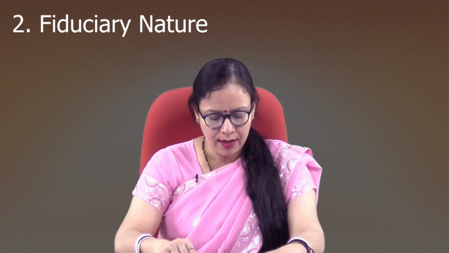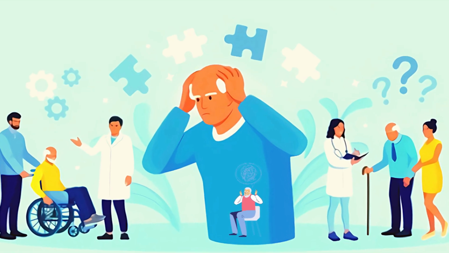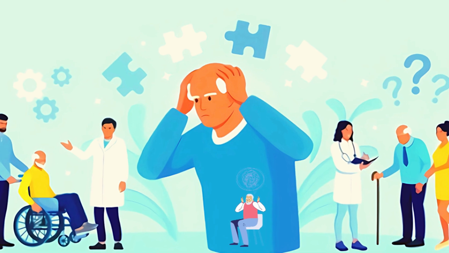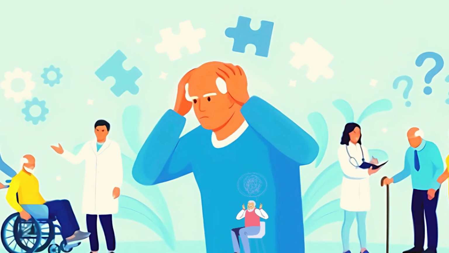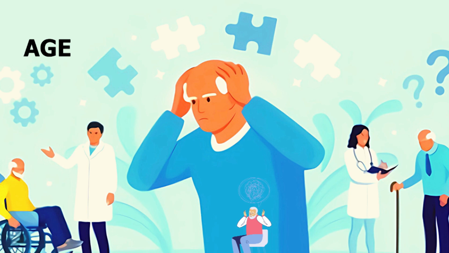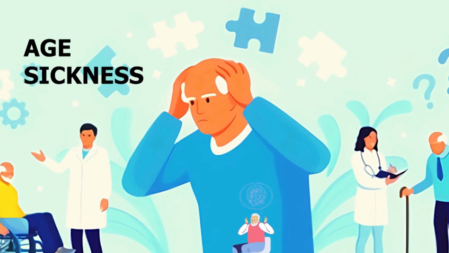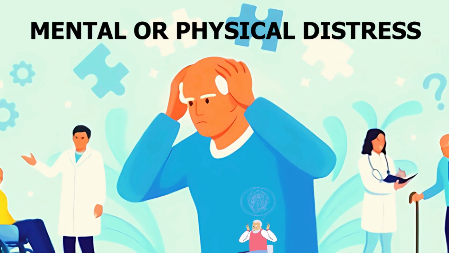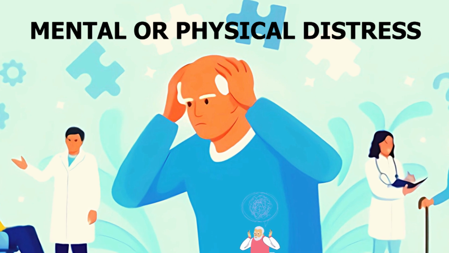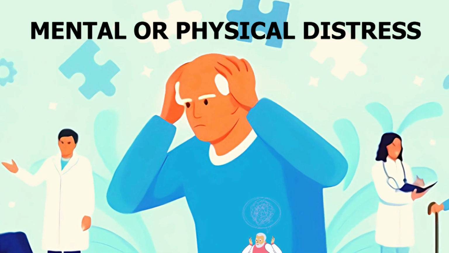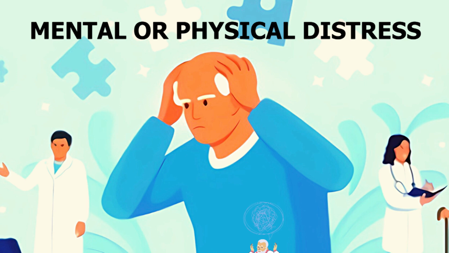And third is when a person's mental capacity is temporarily or permanently impaired due to age, due to sickness, due to mental or physical distress, and the parties enter into a contract, then in that case it is undue influence.